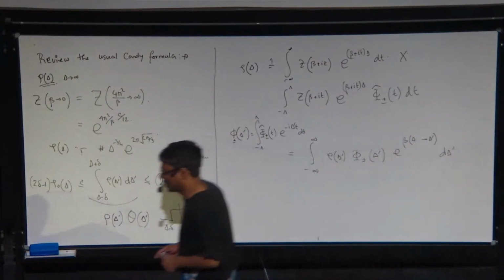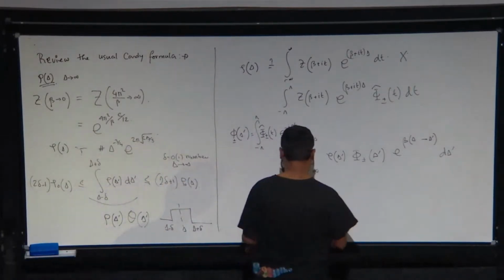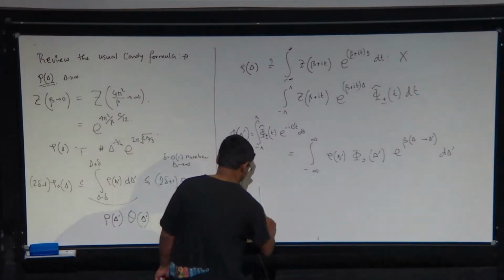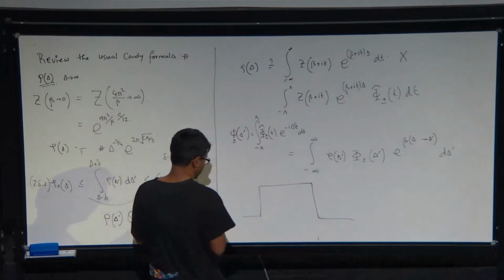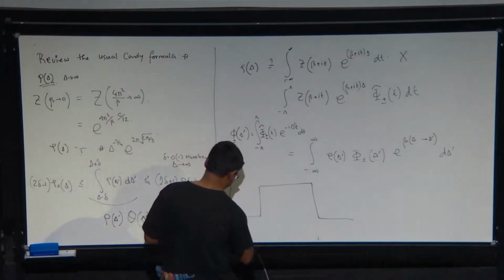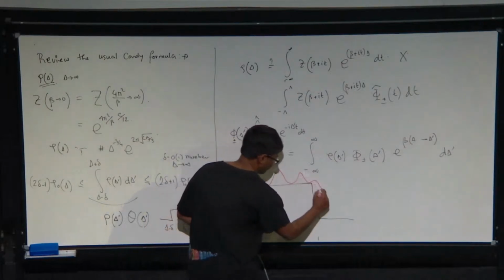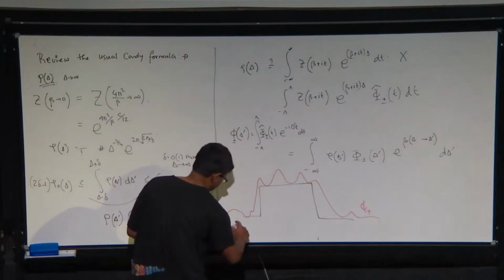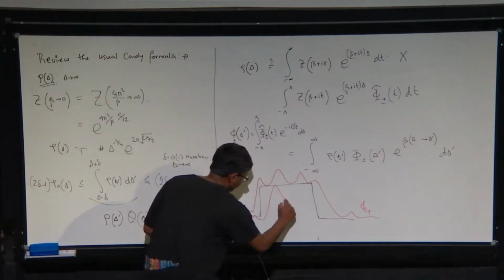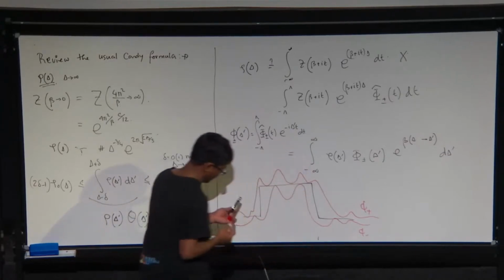So let me use a different color. So we start with this, and my phi plus would be some function which goes like this. So this is phi plus, and phi minus would be some function which approximates this thing from below.